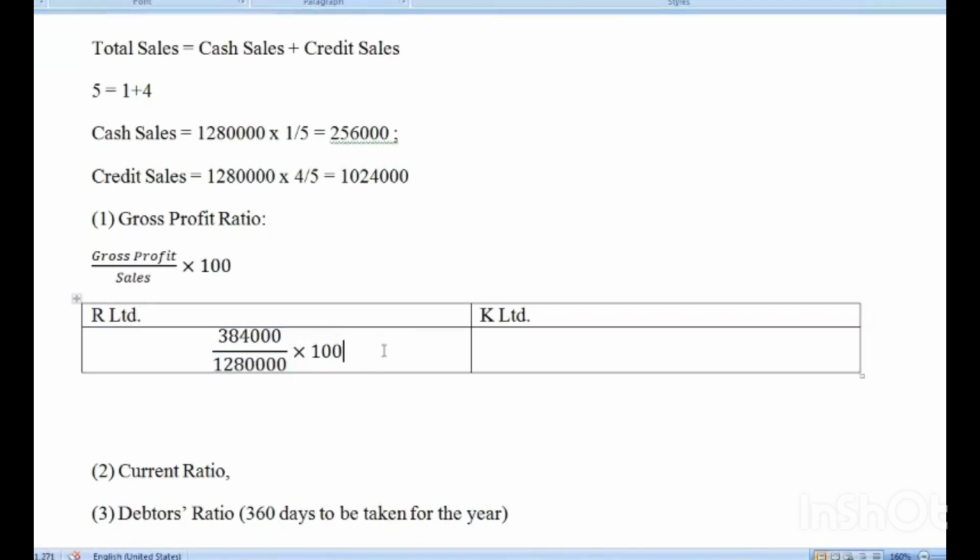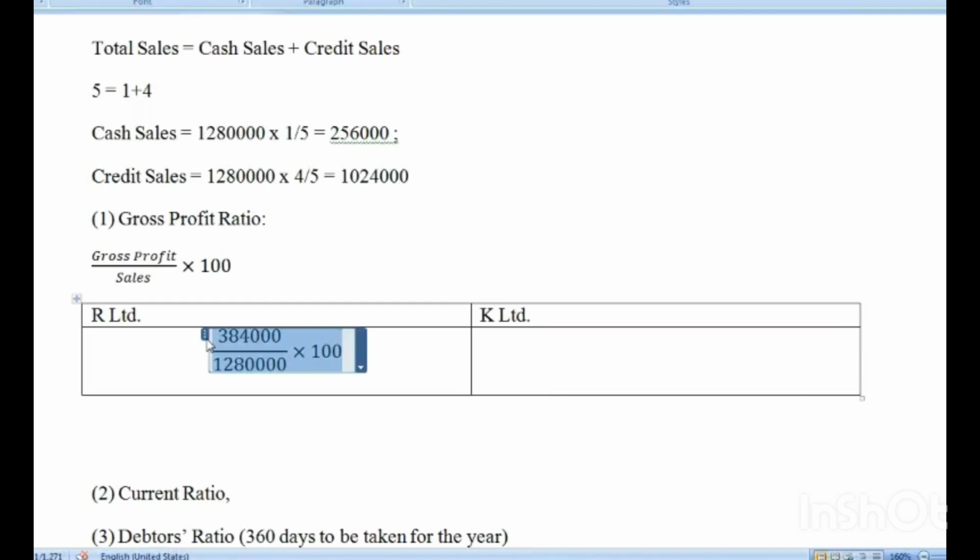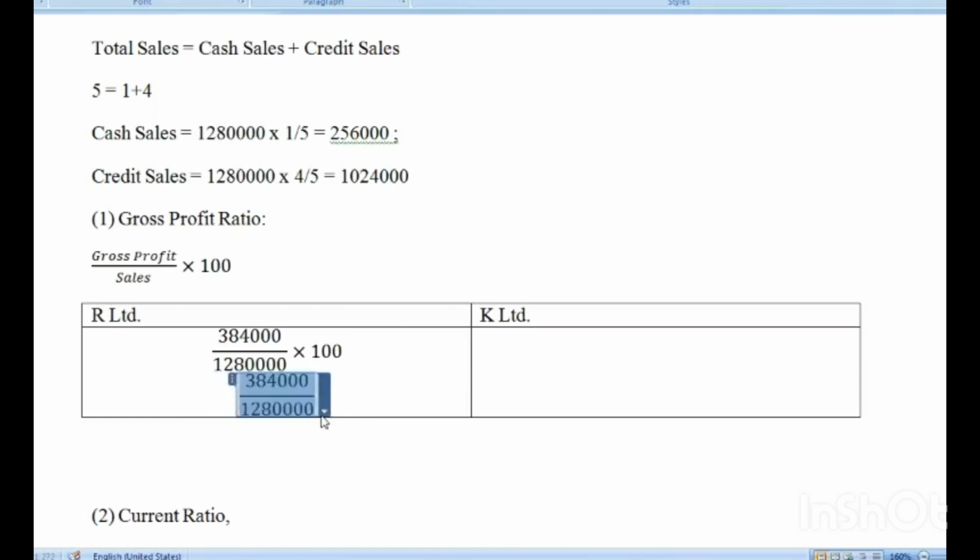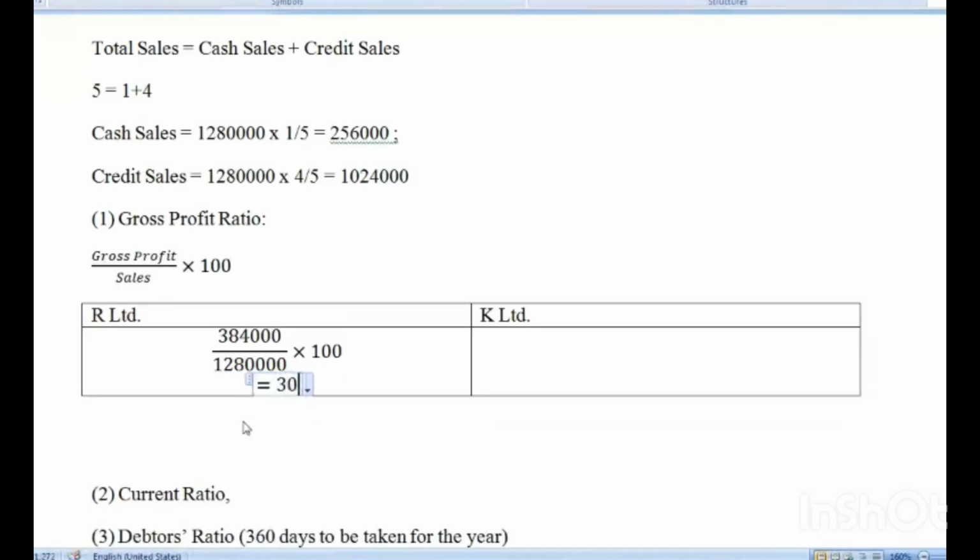Okay, now what is the answer? 30%. This is your answer.